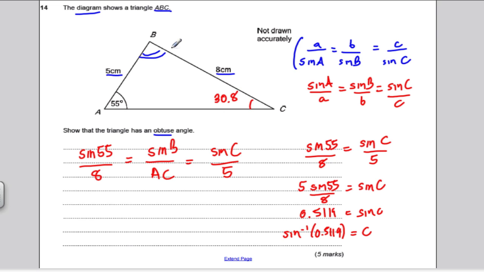How do you find the angle at B? Well, you do 180, subtract 55, subtract 30.8, and you get 94.2. And 94.2 degrees is obtuse.